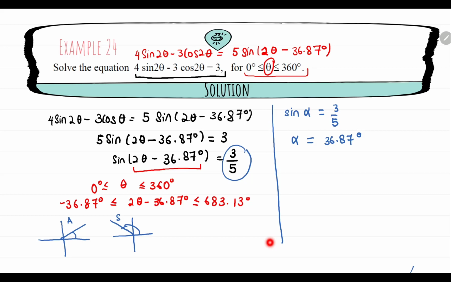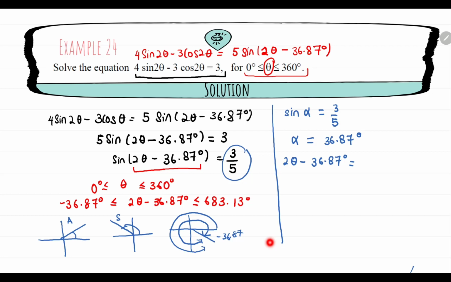36.87 degrees. Now remember, we are not looking for α. We are looking for 2θ − 36.87 degrees. We start with negative 36.87, and we continue the rotation until 683.